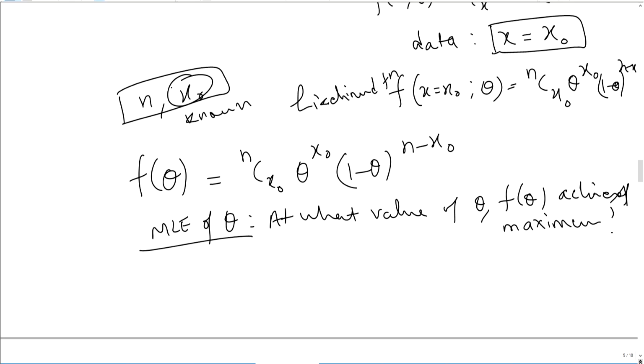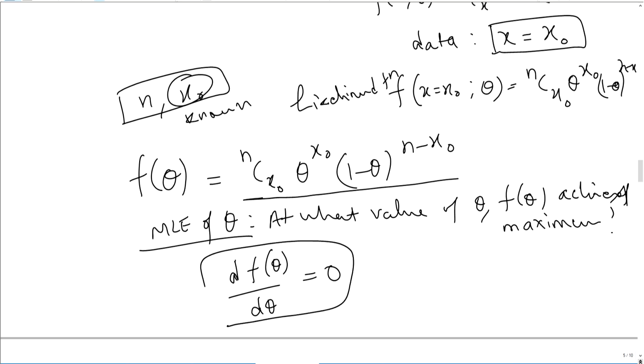Okay. How do I calculate this? Well, I just need to calculate the maxima of this function. How do I calculate the maxima of any function? I can equate the first order derivative of f of theta with respect to theta to 0. So, the value of theta at which the function achieves its maximum should satisfy this.